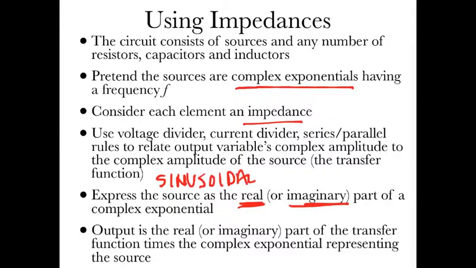And the output is going to be the real part or the imaginary part, whichever one we assumed. You can try to switch them. Of the transfer function times the complex exponential of the source. That's the procedure using impedances to solve any circuit that has a sinusoidal source.